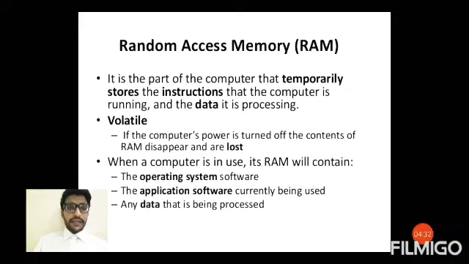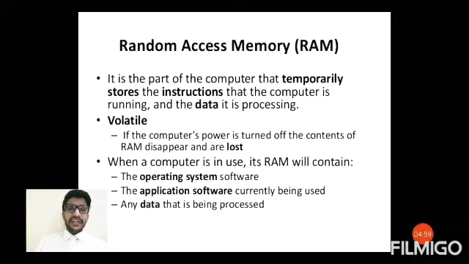It is volatile: if the computer power is turned off, the contents of RAM disappear and are lost. When a computer is in use, its RAM will contain the operating system, application programs, and data being processed.